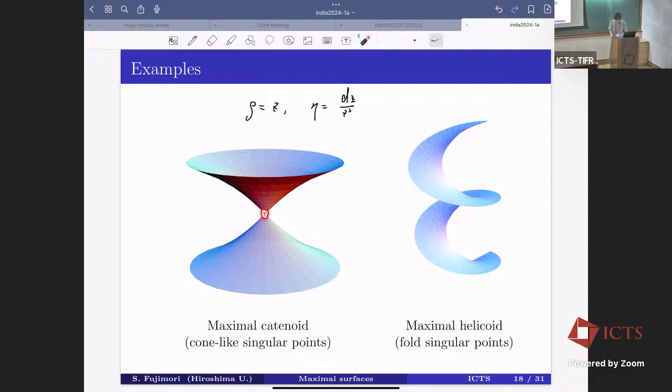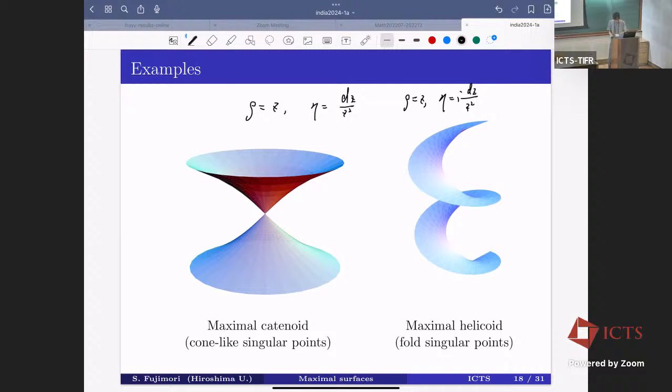And in this case, the singular set is again the unit circle. But then the unit circle goes to one point. And so we have a cone-like singular point here. And if we take the conjugate surface, we have the maximal helicoid.